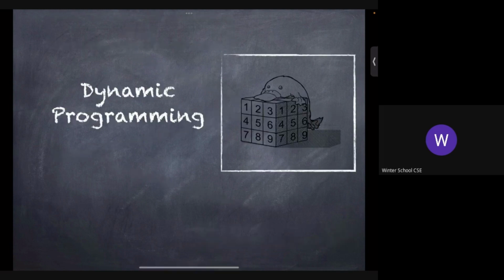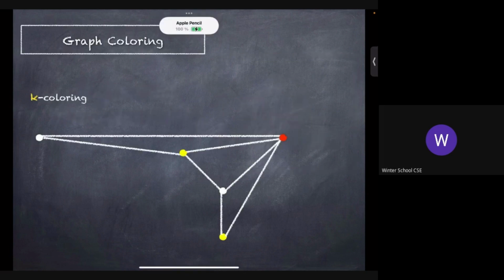Okay, so the dynamic programming technique. My example is the k-coloring problem. In the k-coloring problem, I have a graph, and I want to color the vertices of the graph in k colors.